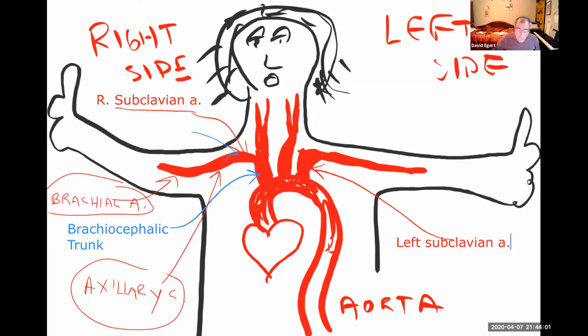So if you're on the right side, you have to go up the brachiocephalic trunk and then you get to the right subclavian. Whereas if you're on the left side, it's just a direct connection to the aortic arch there. After that, it's all symmetrical. Left subclavian goes to the left axillary, goes to the left brachial.